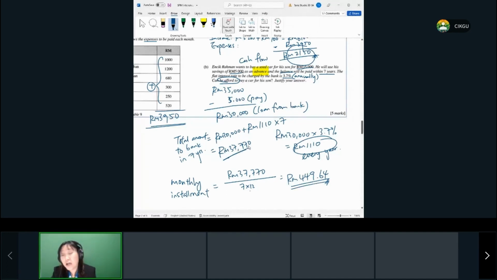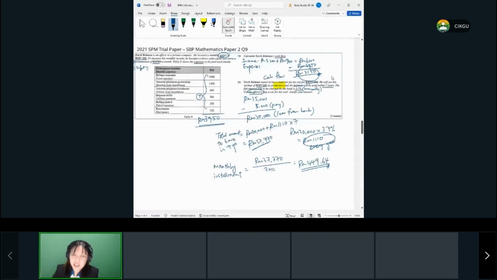Okay, so now you ask yourself lah, this Encik Rahman, we calculated already, he has how much remaining cash flow? He has 2,000 something cash flow. So will he be able to afford paying an extra 450 to the bank? The answer is yes, boleh, because 2,000-ish, I minus off 450, I still left with 1,550.